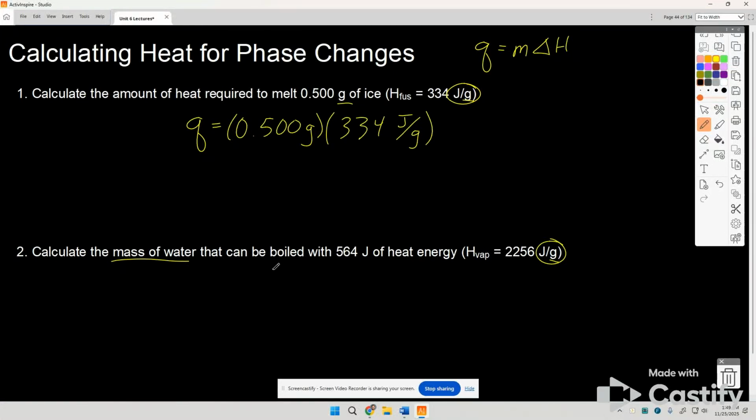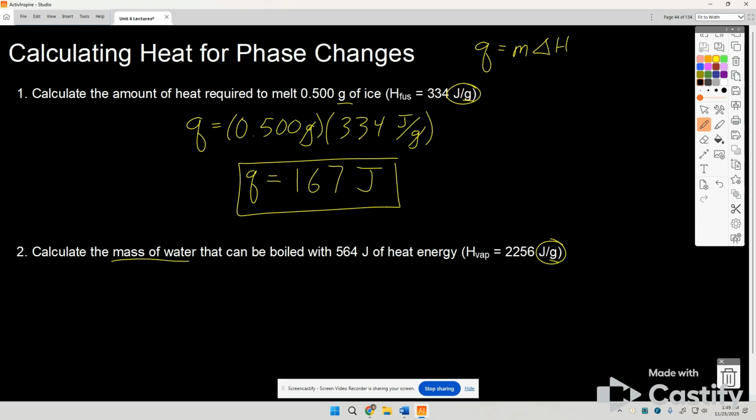What happens when we do this? Grams cancels grams, and our answer for Q ends up in units of joules for energy. That makes sense. When we plug our numbers in and do 0.5 times 334, I get that this should take 167 joules of energy to melt a half a gram of ice.